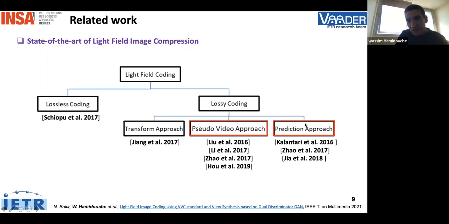The third category is the predictive coding approach. The idea here is not to encode all the views, but to predict them using a synthesis block, for example. Here we see three examples of these last two categories.